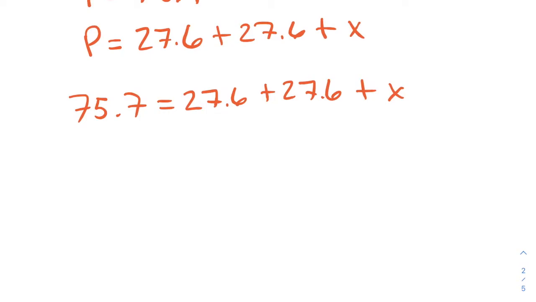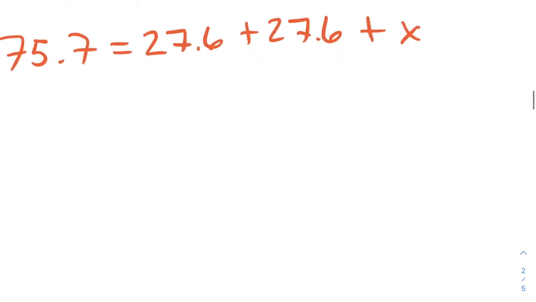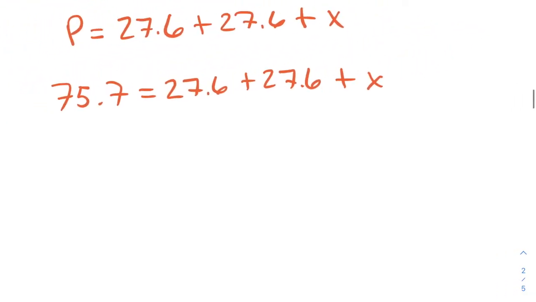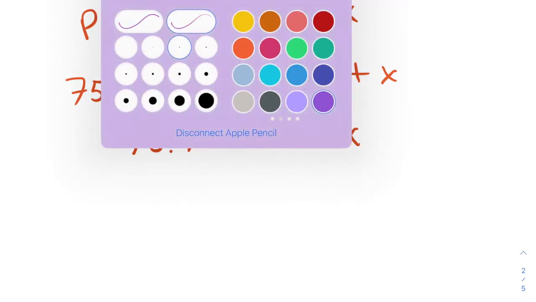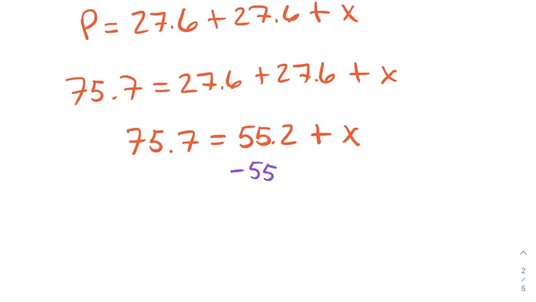So the first thing I can do is do 27.6 and add them together to combine like terms on one side. So 75.7 equals 55.2 plus unknown. So now what we're going to want to do is take away 55.2.